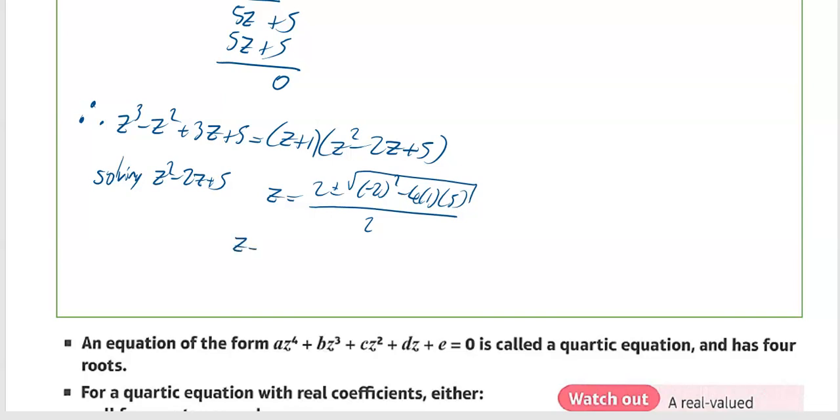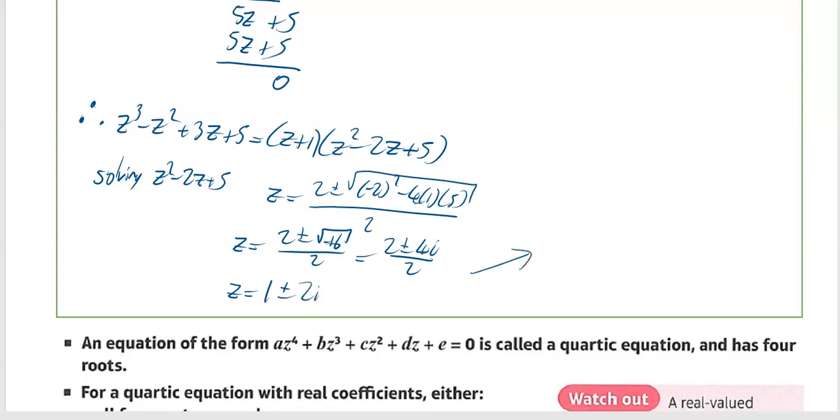I'll just tidy this up for a bit of speed here. That's z equals 2 plus or minus the root of minus 16, all over 2, which is 2 plus or minus 4i all over 2. So z in this case is 1 plus or minus 2i.